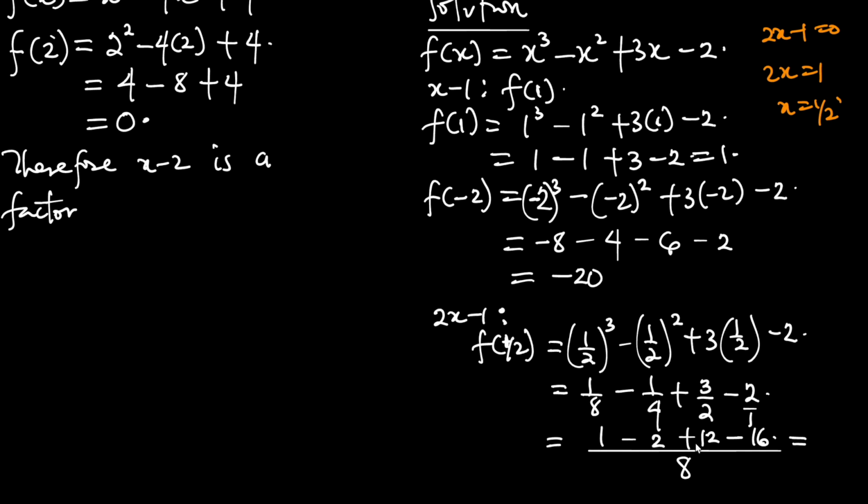Negative 1 plus 12 is 11. And 11 minus 16 is minus 5 over 8. So which means that the remainder when x cubed minus x squared plus 3x minus 2 is divided by 2x minus 1 is negative 5 over 8.